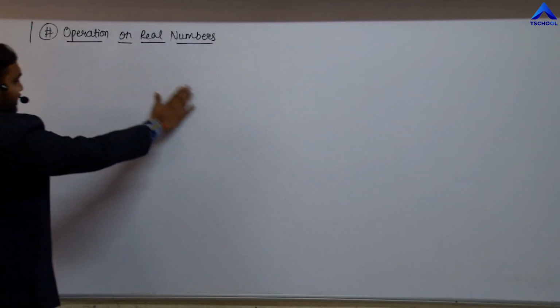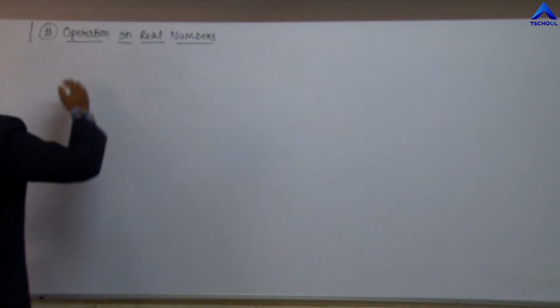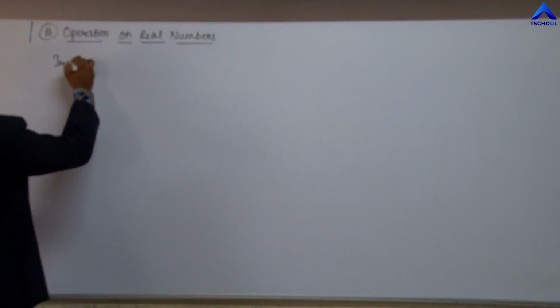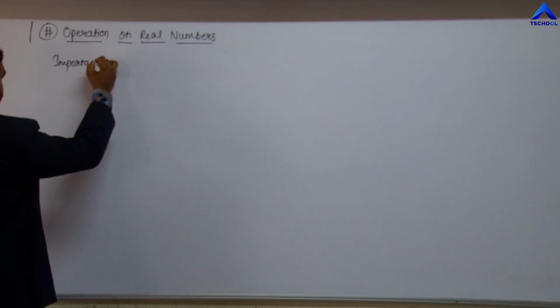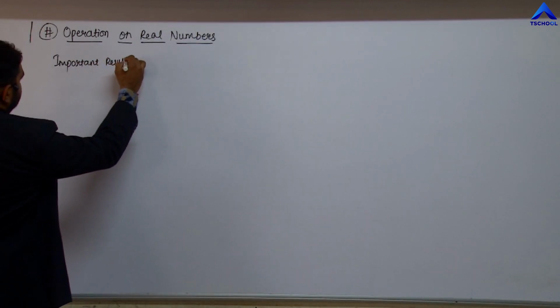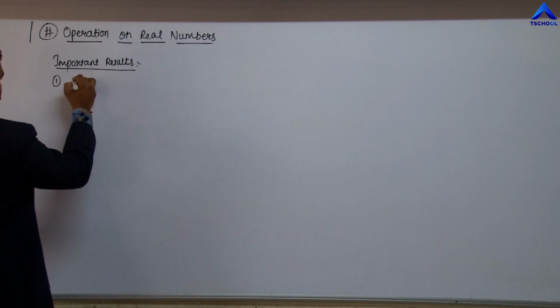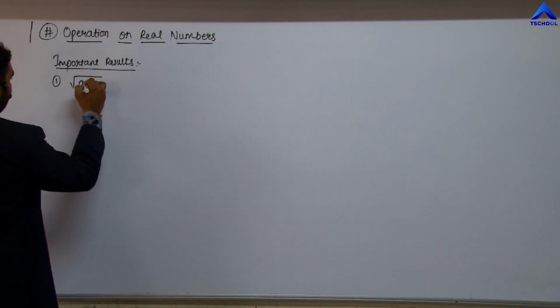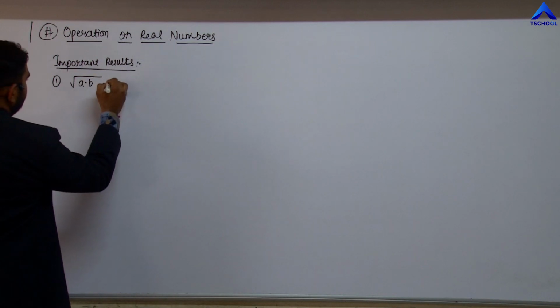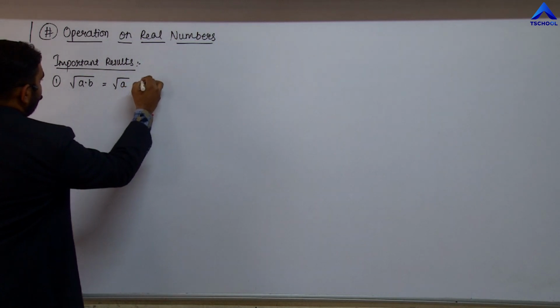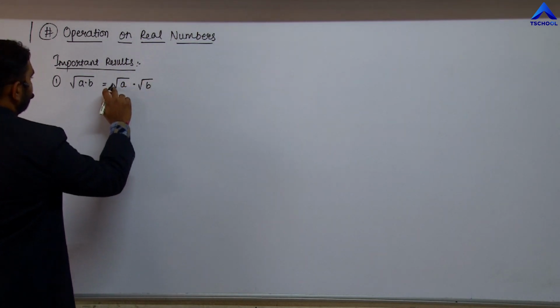See, in these examples we have studied some important results. The first one is square root of two numbers, that is a into b, that can be written as square root of a multiplied by square root of b, right?